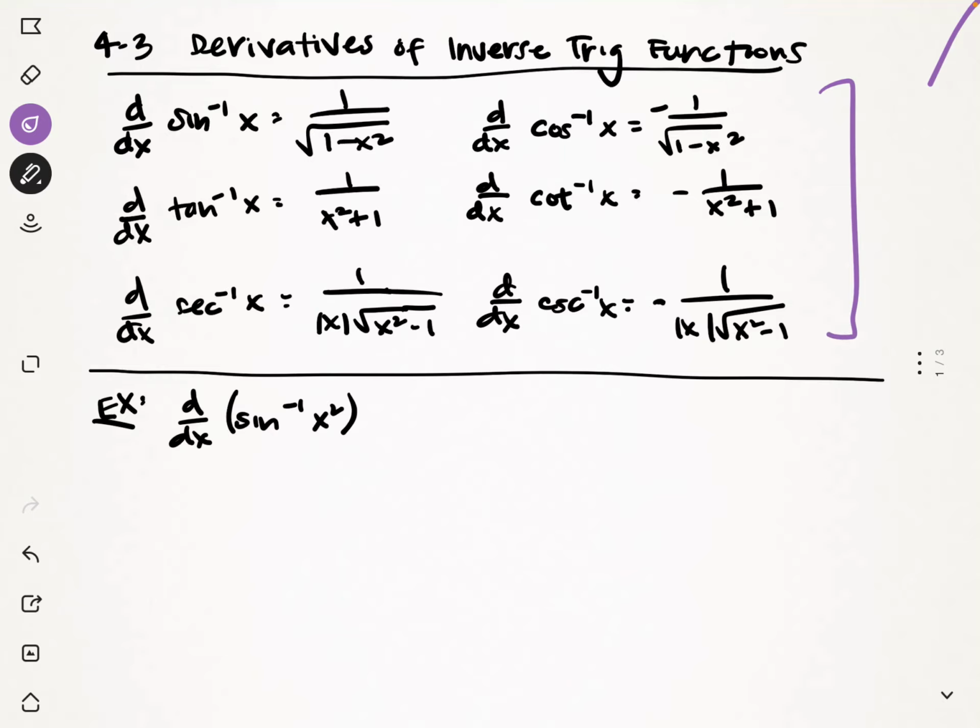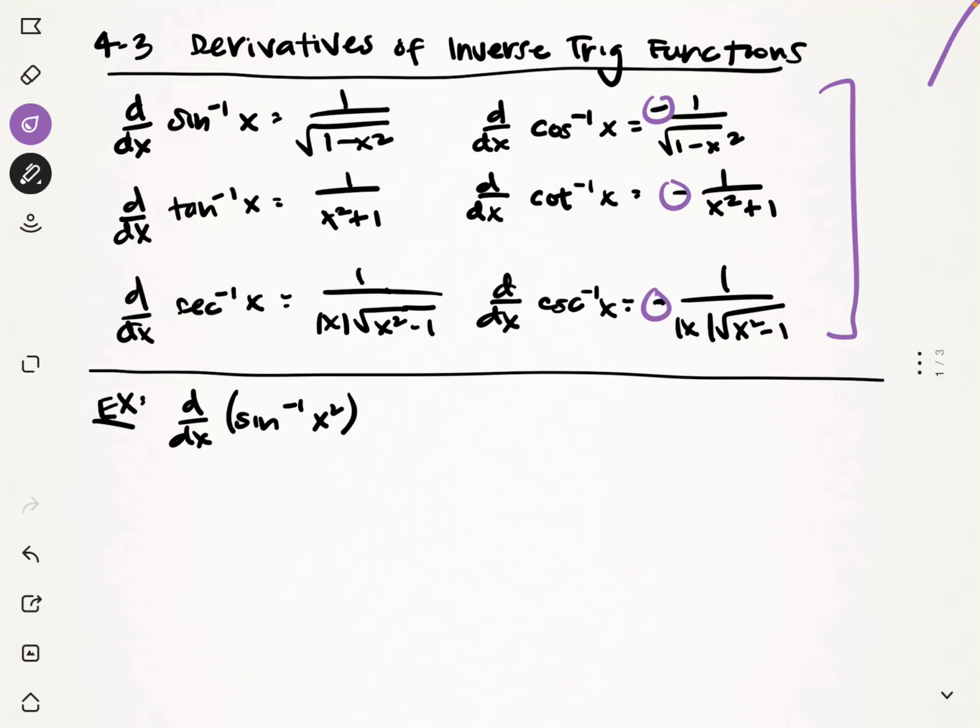We can remember three of them, and the other three are the negative versions of them. Notice that sine inverse and cosine inverse, the cosine is just the negative of the sine. Same with tangent and cotangent, and same with secant and cosecant. So if you can remember one, then you just remember that its counterpart is the negative.